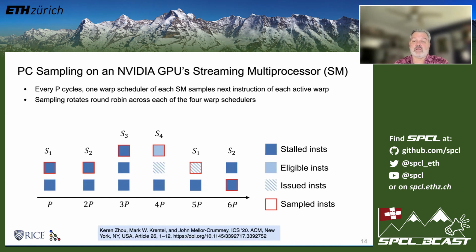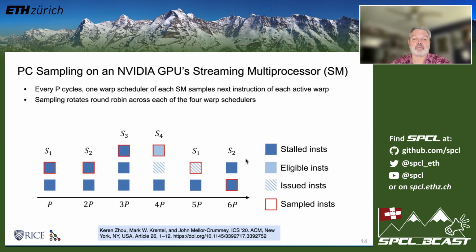What's of interest is if the sampled instruction is stalled, but other instructions are available to execute, then we don't really care why I'm stalled, because the latency is going to be hidden by multithreading. However, if my instruction is stalled and every other next instruction is stalled, then we care about why I'm stalled, because I'm an example of why stalls are happening.